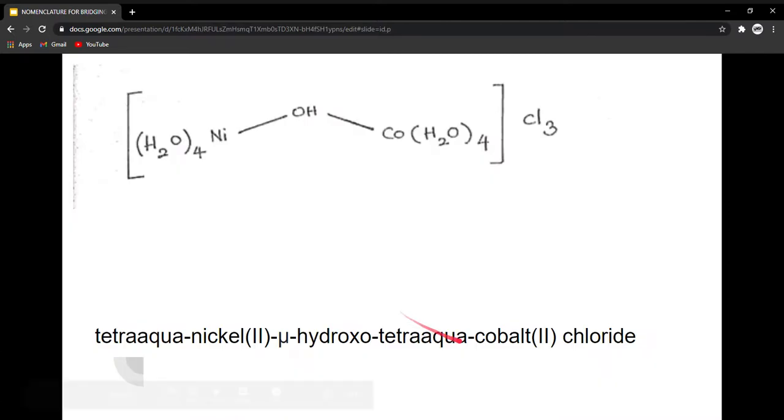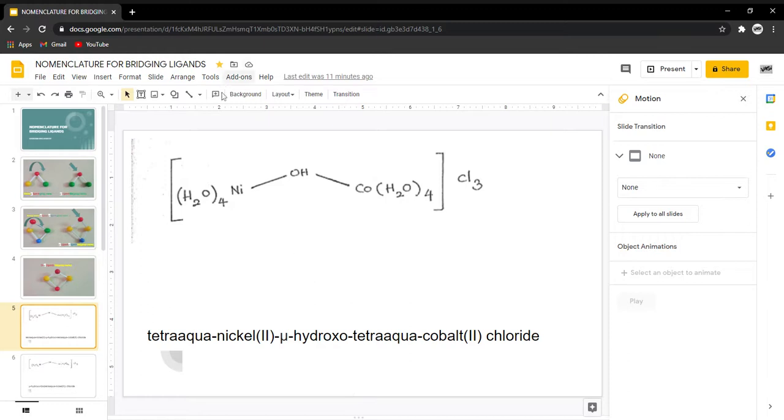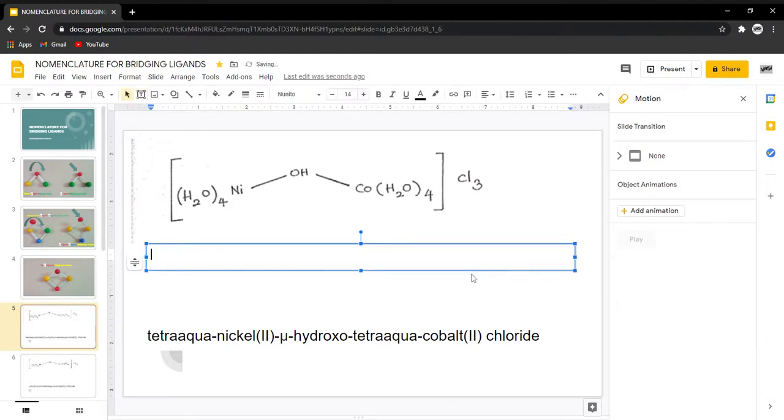Okay. So the first example is this one. What you can see in the example right here, we shall try naming this. Both the groups attached to the bridging ligands are different.